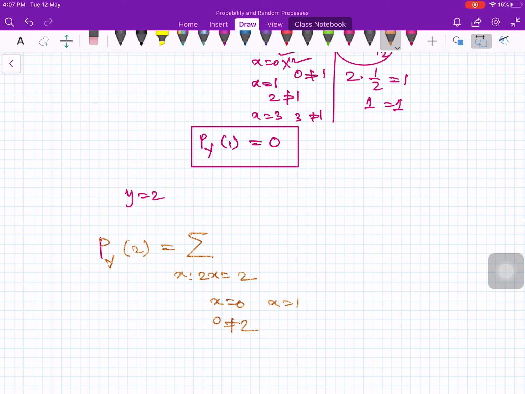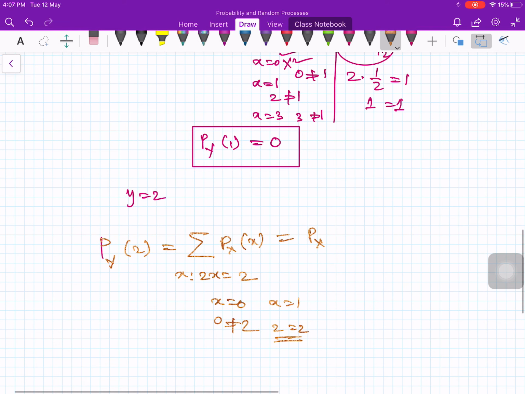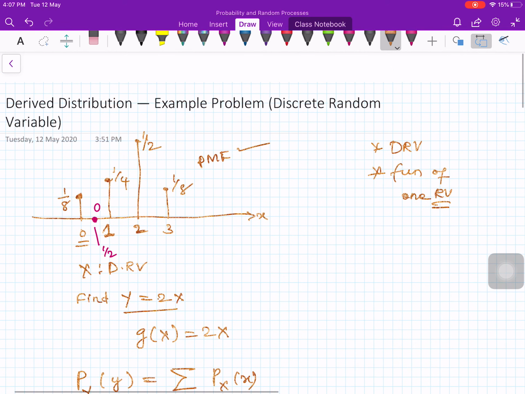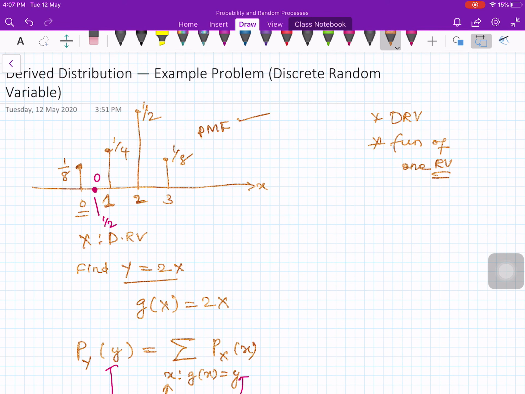Substitute x equal to 1, then yes, 2 is equal to 2, so the condition is satisfied. So this is equal to p_X of 1. So p_Y of 2 is equal to p_X of 1, which is 1/4. If you look at the figure, it is 1/4 when x equals 1.